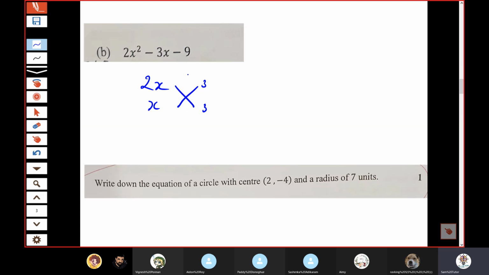Would 6 and 3 ever get you the middle term, which is 3? Yes, it would. If I did -6 plus 3, -6 plus 3 would give you -3. 3 times -3 is -9. 2x times x is 2x squared. I'm done. The answer is 2x plus 3, x take away 3.